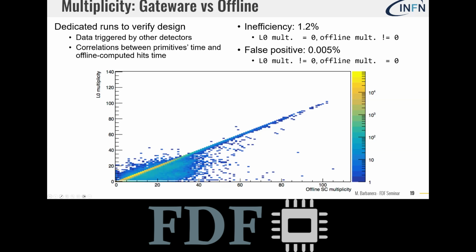It's just the overflow of clusters. And are the false positives instead due to duplicates or what? This is something we did not understand actually, the false positive case. Thank you.